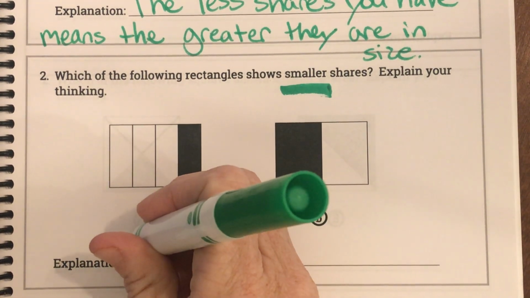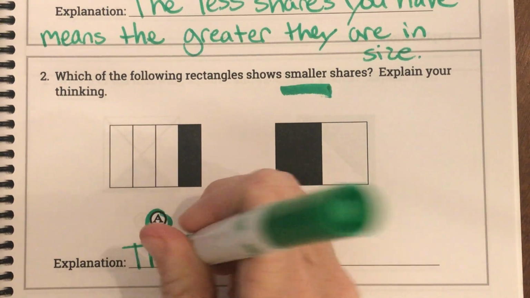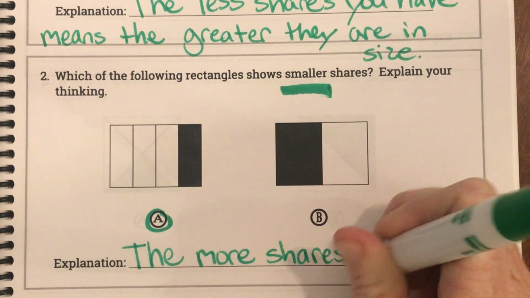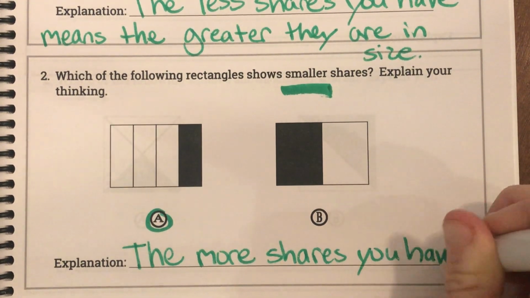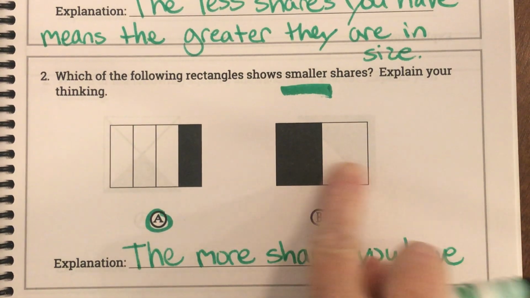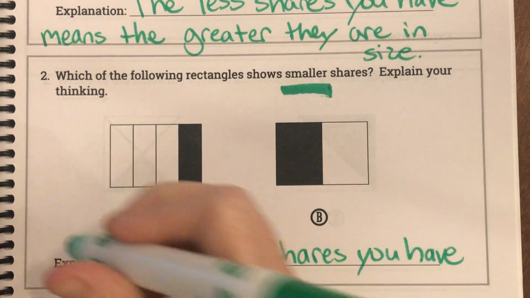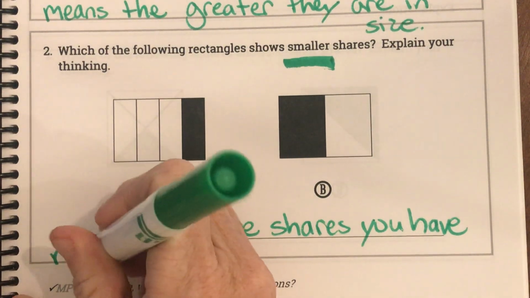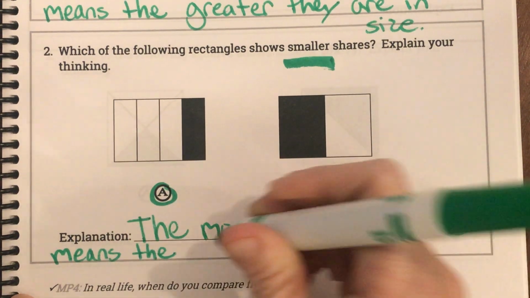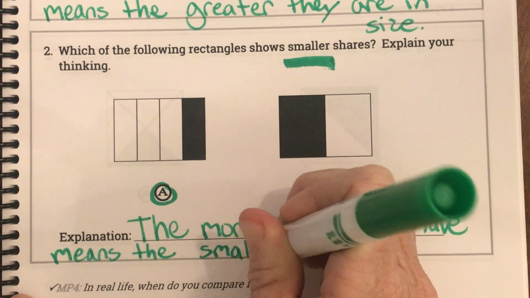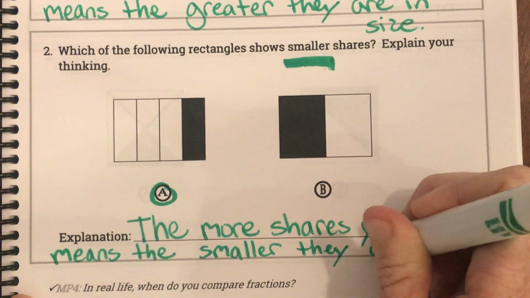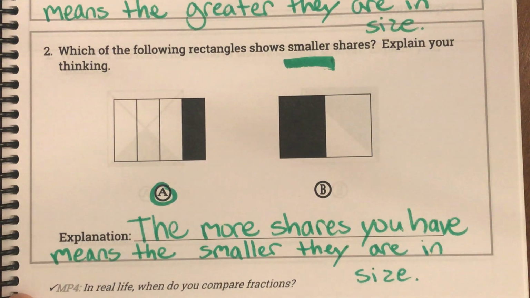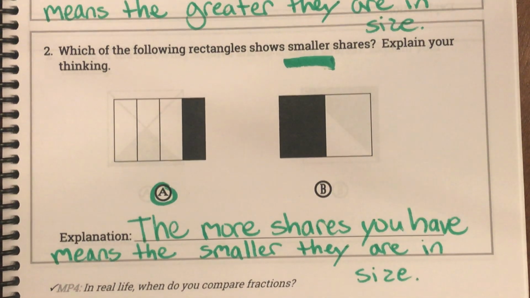So the reason is the more shares you have, because here I have 4 shares and here I only have 2 shares, the more shares you have means the smaller they are in size.